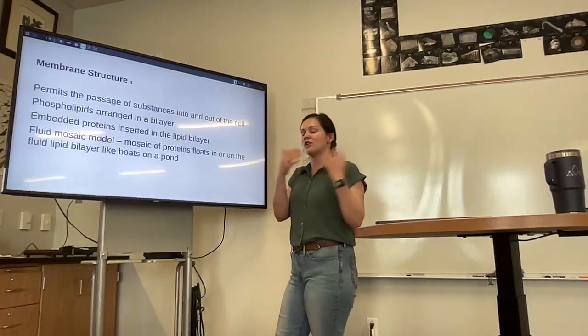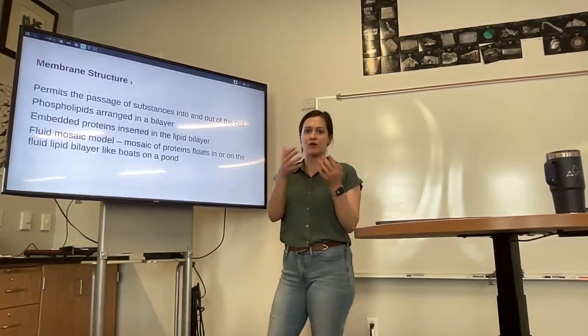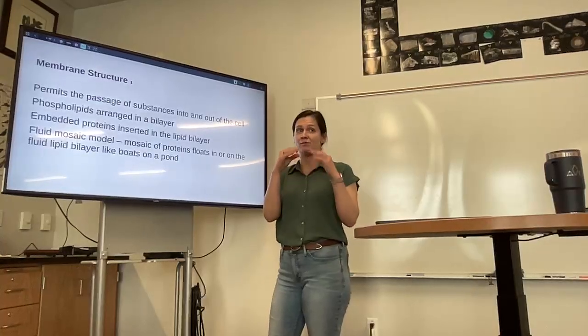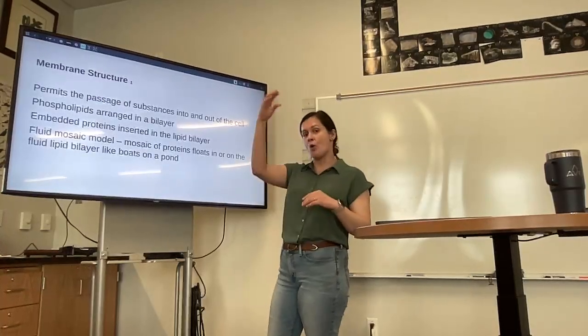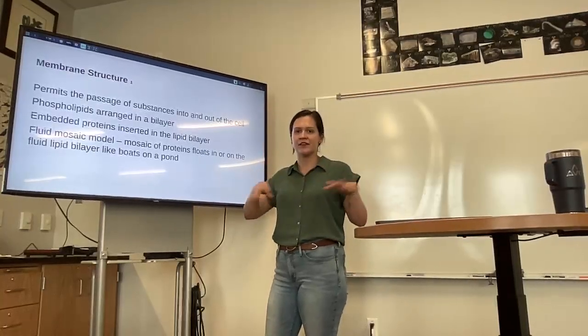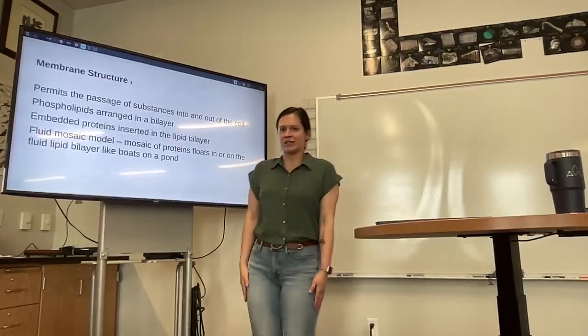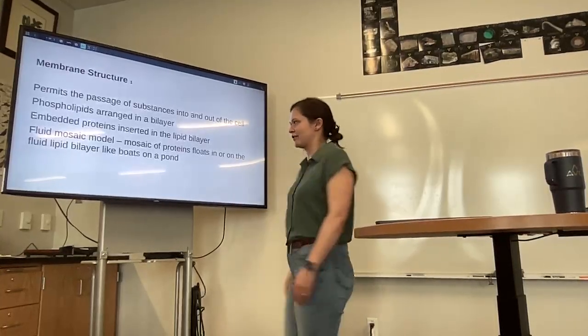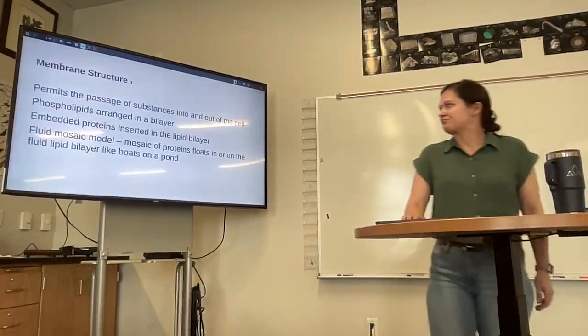The only things that would not be moving around would be membrane proteins connected to the cytoskeleton or the extracellular matrix. Anything unconnected, like the phospholipids or those membrane proteins, is just bouncing around each other, essentially.